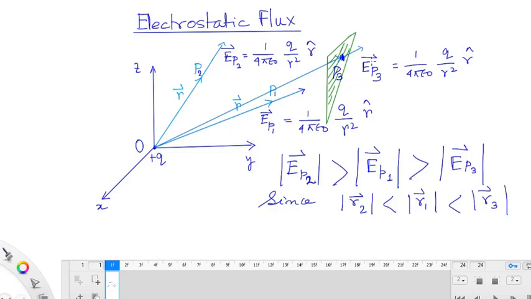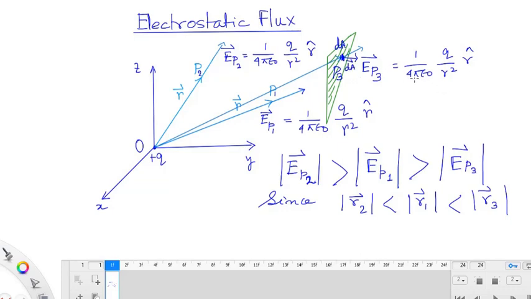Now what's the direction of this area? The magnitude of area is dA, but the area vector will be in this direction. This is the dA vector.